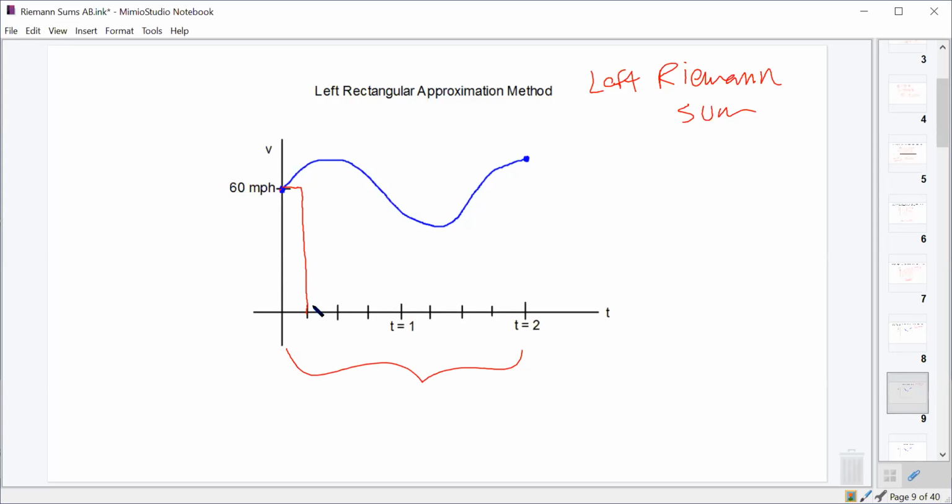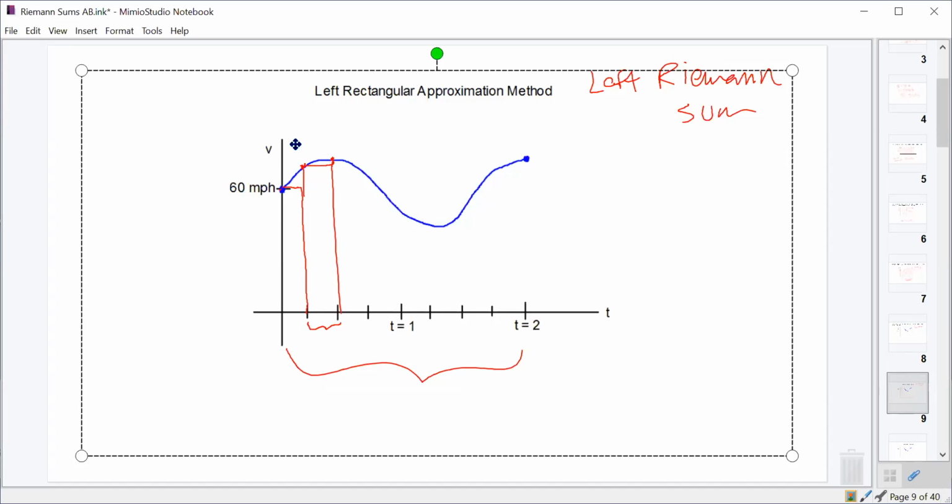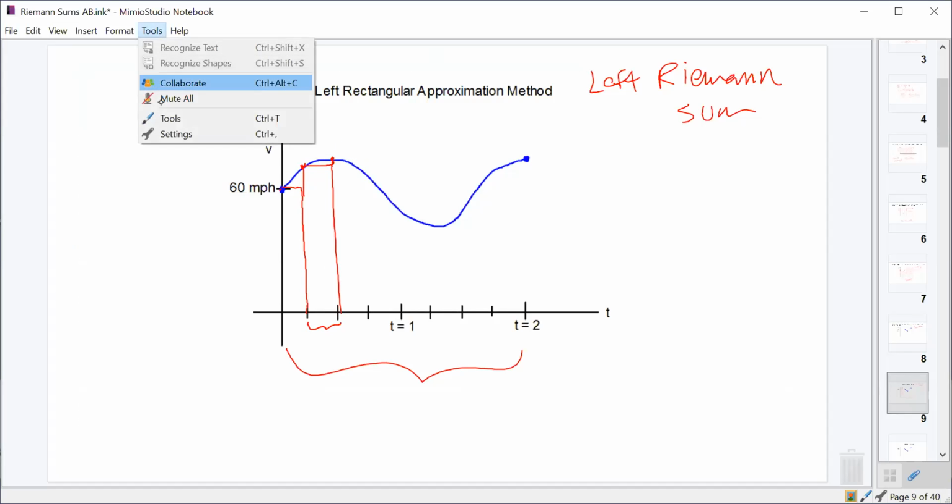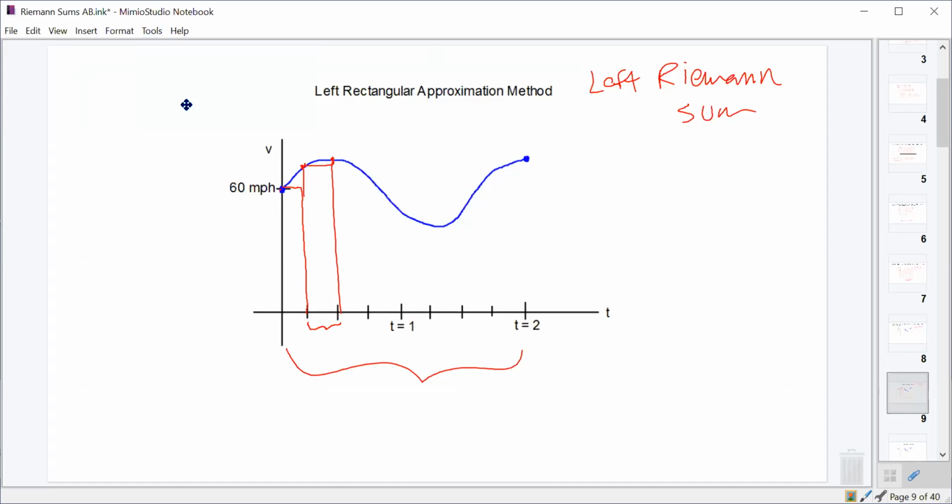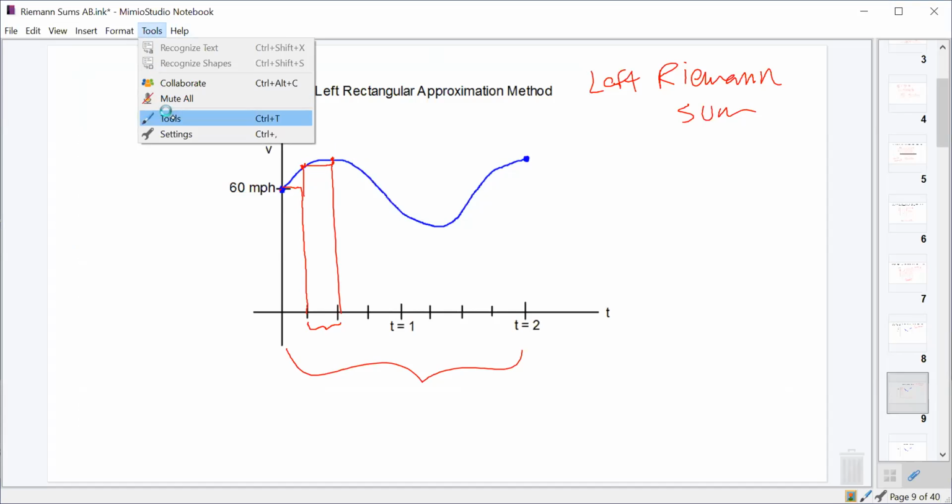Then do it again, except now your rectangle should be at the height of the beginning of the second subinterval, so here, and go straight across and down. And then it says, well, do it again. Go up to the next height. I lost my pen. That's not good.